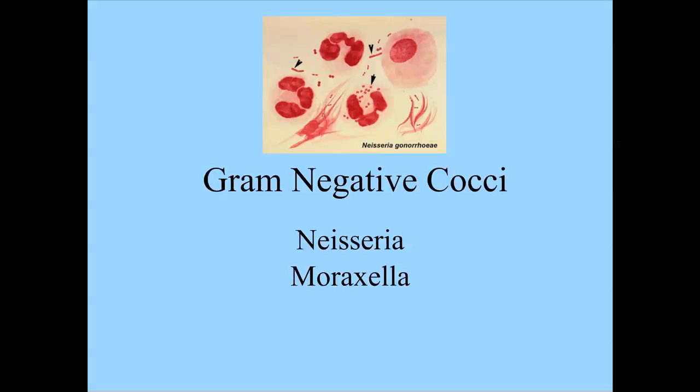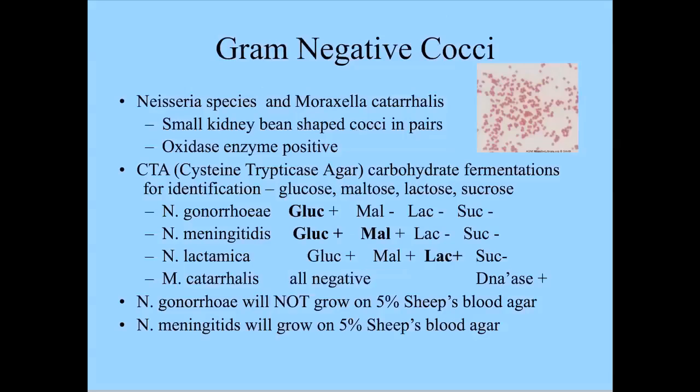These are specifically manufactured and supplemented carbohydrate tubes to help us determine the reactions of the Neisseria and the Moraxella. The classic sugars that are tested for these organisms are glucose, maltose, lactose, and sucrose. And you can see the characteristic fermentation patterns on this slide.